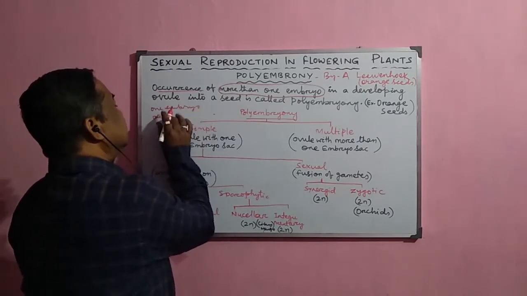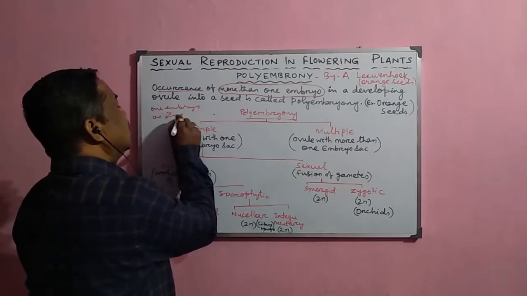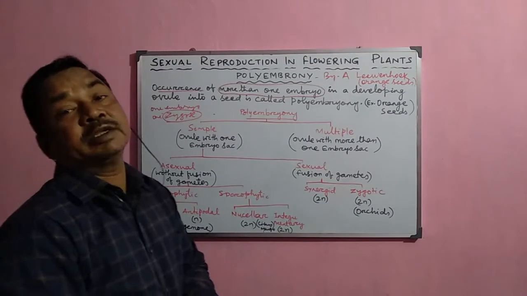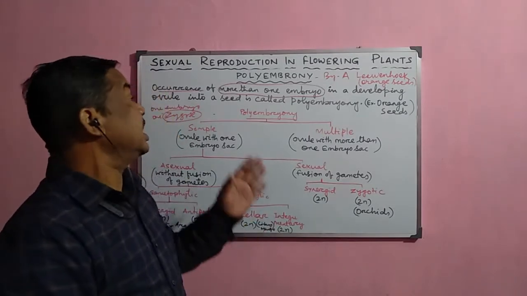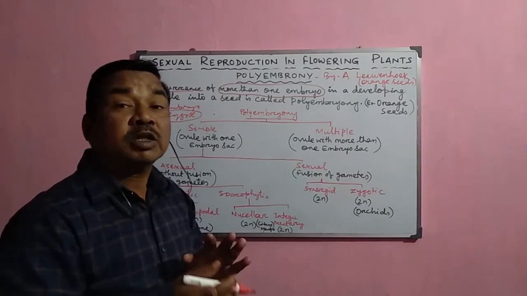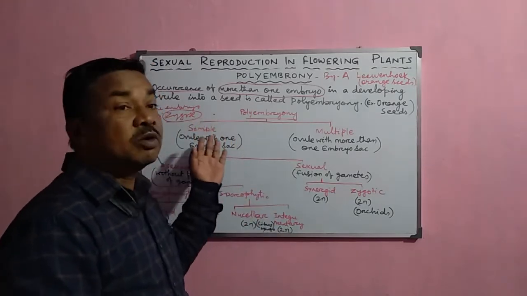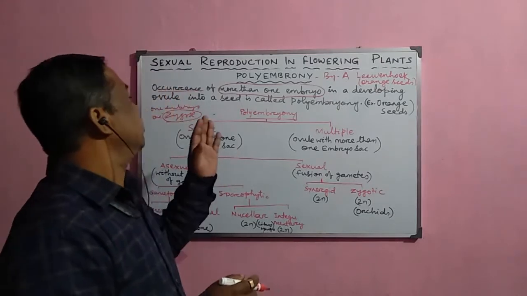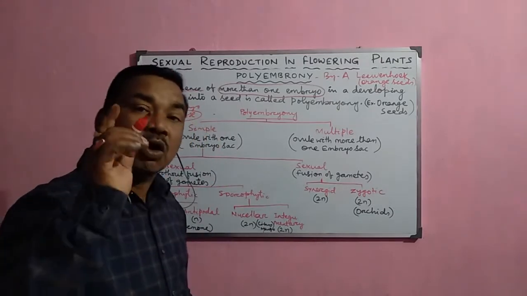In normal cases, what happens? Inside the embryo sac, one egg cell is there, and after fertilization it develops into the zygote, and from the zygote one embryo develops. So one embryo is present in one ovule.